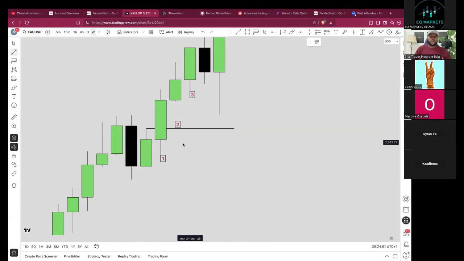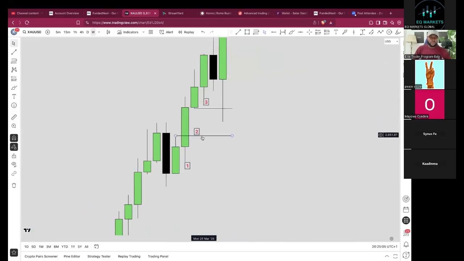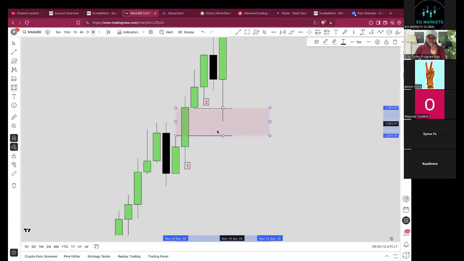And I will go to the third candle and look for where the lowest area was, or that is the wick, where the lowest area the wick traded into. This is very small. So you will realize that we don't need the number two or the second candle because we need the gap in between that second candle. So this gap or the distance between the first candle high and the third candle low is what we call the fair value gap.